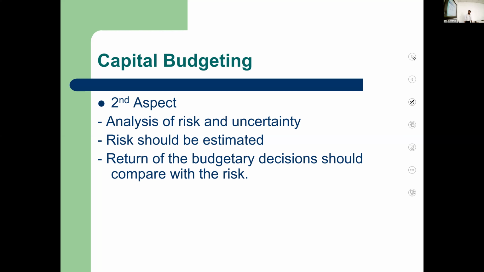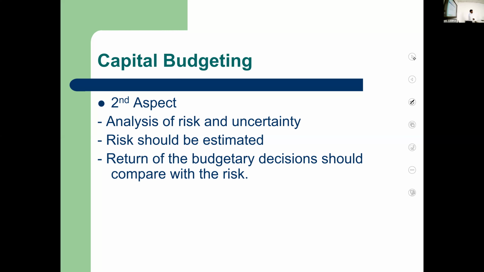Then what is the meaning of uncertainty? You can't predict the future. It's uncertain, right? So this is the second aspect. In working capital management, we make decisions for 1 year, right? So we know the exact date, we know the exact period, and we can predict somewhat, because it's short term.